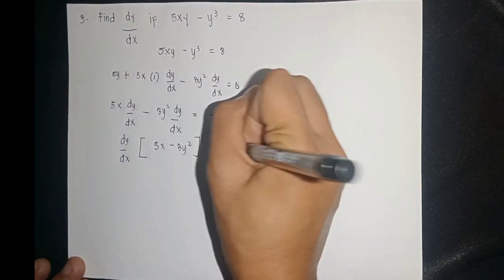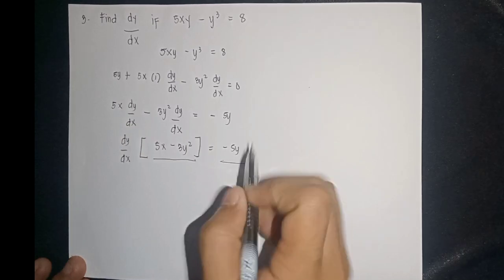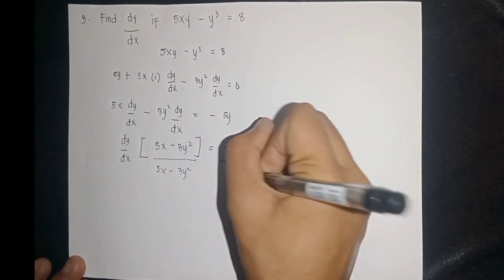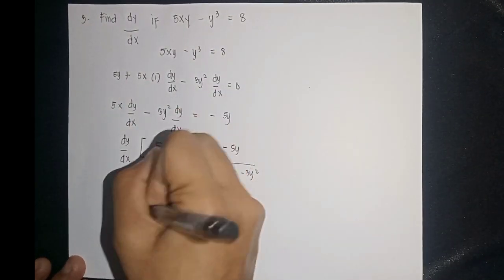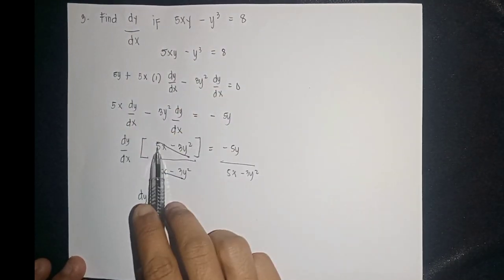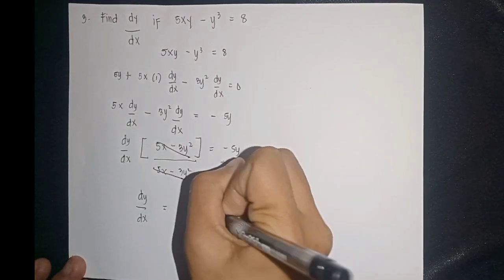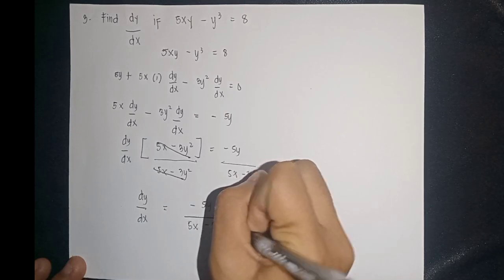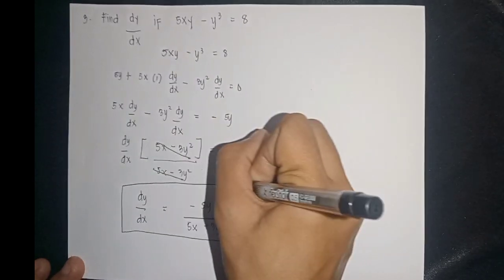So let's divide the right side and the left side by 5x minus 3y squared. Then cancel this 5x minus 3y squared. So the derivative of y with respect to x is equal to negative 5y all over 5x minus 3y squared. So this is our final answer.